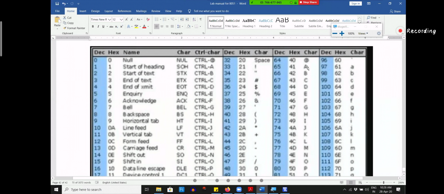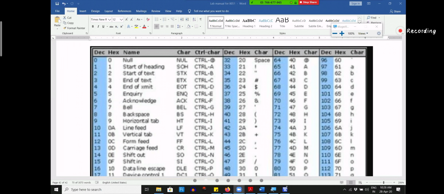ASCII value of A is 41. ASCII value of B is 42. ASCII value of C is 43. So we are correct. Okay.